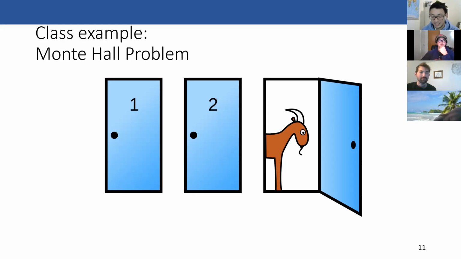Yeah, and this is the sort of common misconception, that it doesn't matter. But in fact, you'll find that if you switch doors, and you can actually do this in a simulation to convince yourself of this, then you will actually get the prize with a higher probability than if you don't switch the doors.